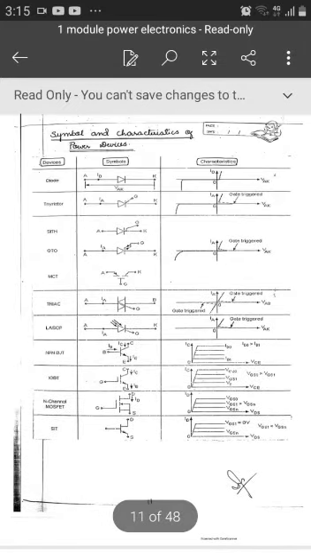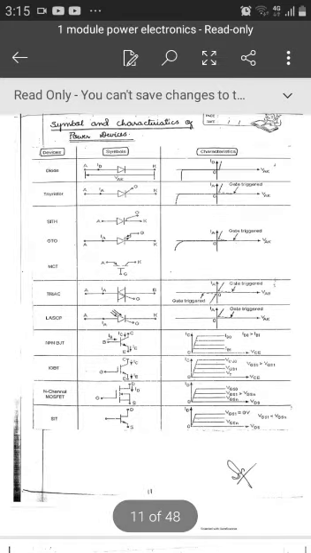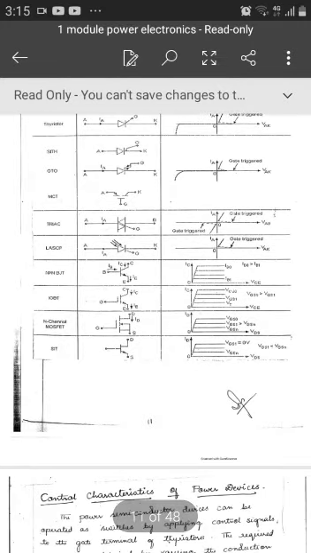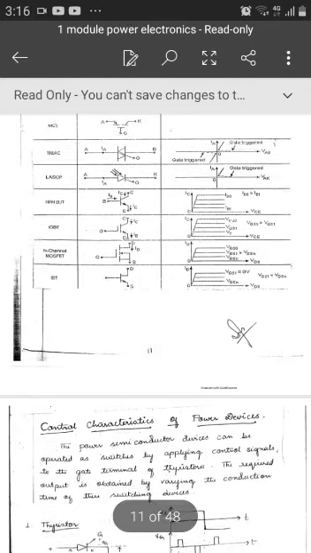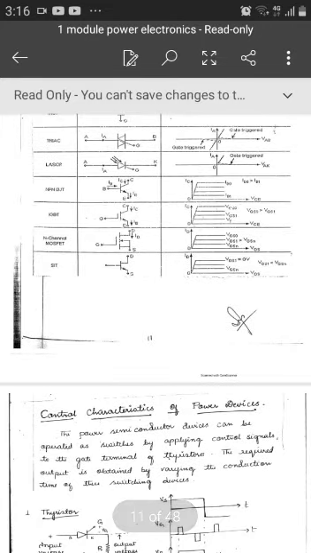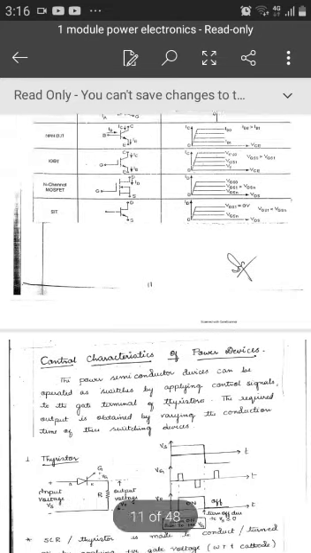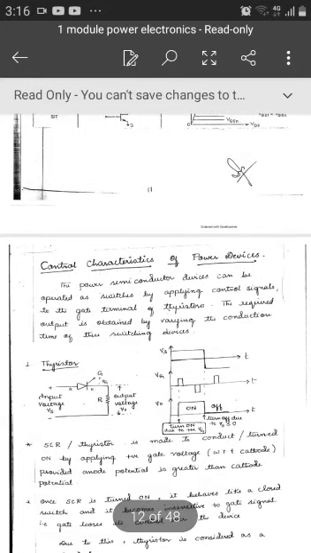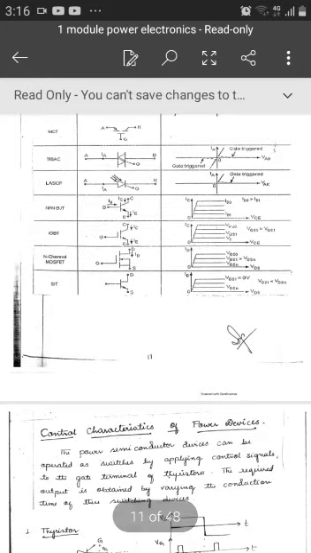The gate drive circuit of MOSFET is simpler than BJT. MOSFET can operate up to 100 kHz. They have low power rating. MOSFET have high on state drop. The figure shows the symbol and characteristic of the power MOSFET, that is the N channel MOSFET.